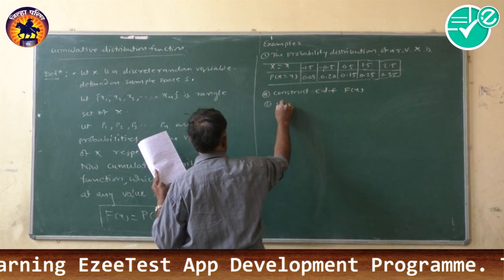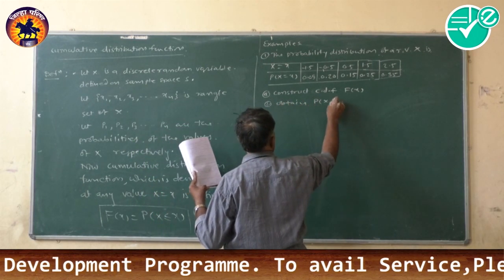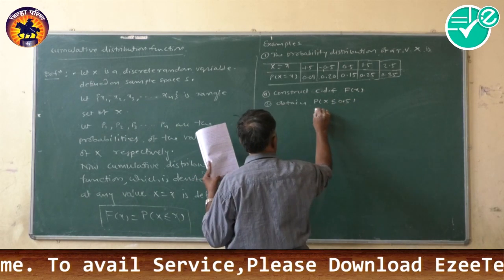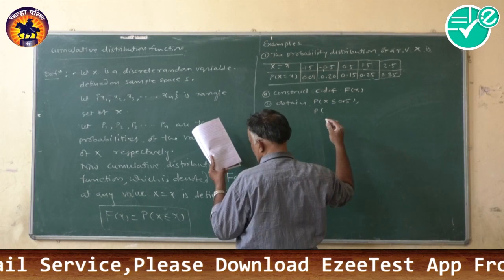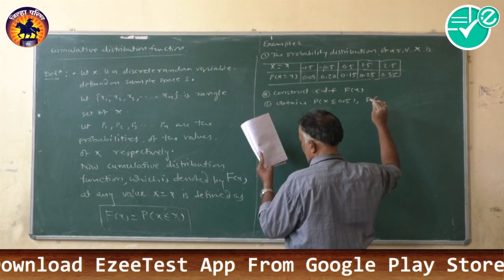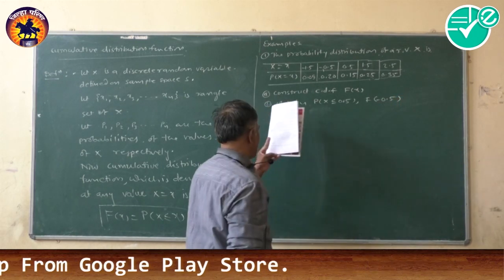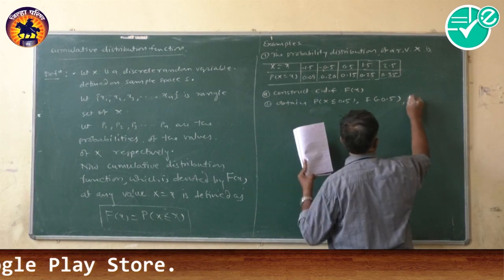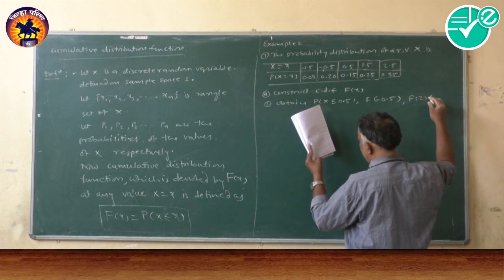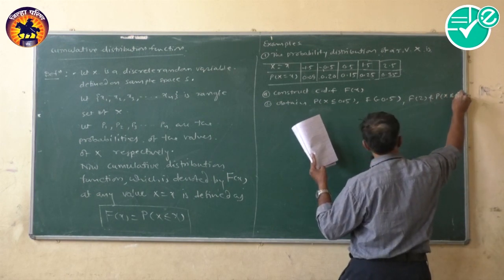Second, obtain the probability that x is less than or equal to 0.5, or capital F of minus 0.5, and lastly F of 2 and the probability that x is less than or equal to 4.